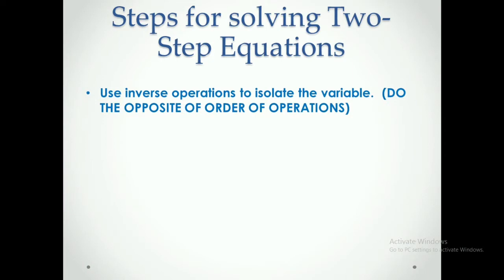When we're solving equations, we take those in reverse. So we look at the subtraction or addition first, then the multiplication or division, followed by exponents and parentheses. So what we're going to be doing is undo addition or subtractions first, followed by multiplication or division. Let's see how it works.